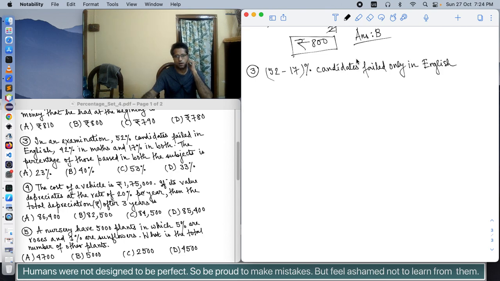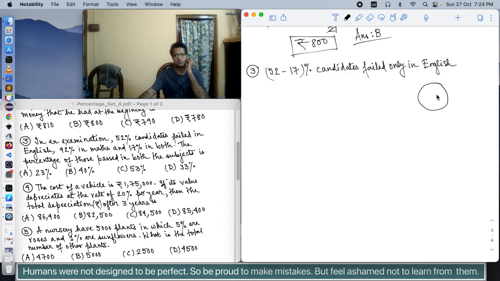So to find the percentage of candidates who failed only in English, we have to subtract the 17% from 52%, because the 17% candidates failed in both. You can consider it visually. This is a kind of Venn diagram. I don't know whether you have studied sets or Venn diagrams.